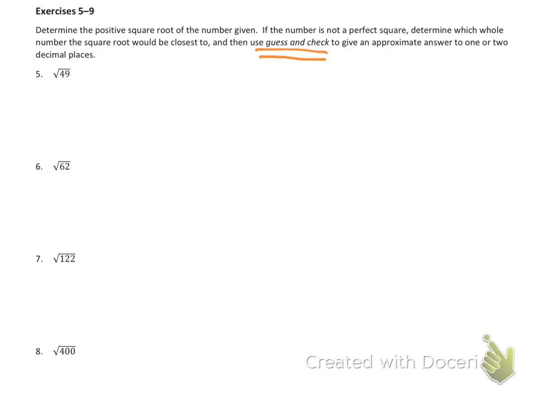Okay, so 49 is a perfect square, so I could say that the square root of 49 is equal to 7, because 7 squared is 49. Okay, square root of 62. The closest perfect square to 62 is probably 64, right?